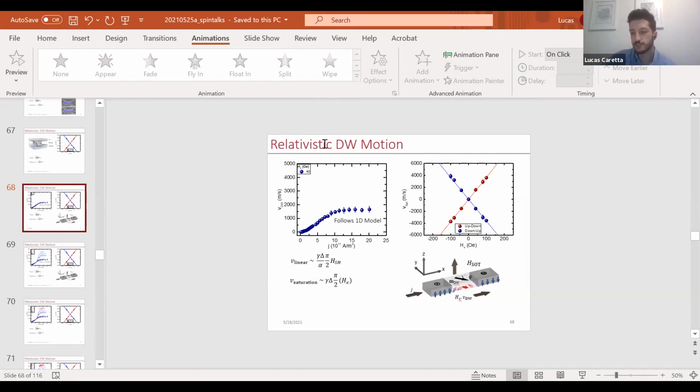Yeah, so at least for this last part of the talk, the only reason that we use the field is to stabilize the Néel domain wall. So if there's another way to do that without having to use a magnetic field, then that could work. We have to keep in mind some of these other things, like if your damping is too high, I think DMI breaks Lorentz invariance, right? So you won't see the relativistic effects if you start bringing in some of these other material properties into play.